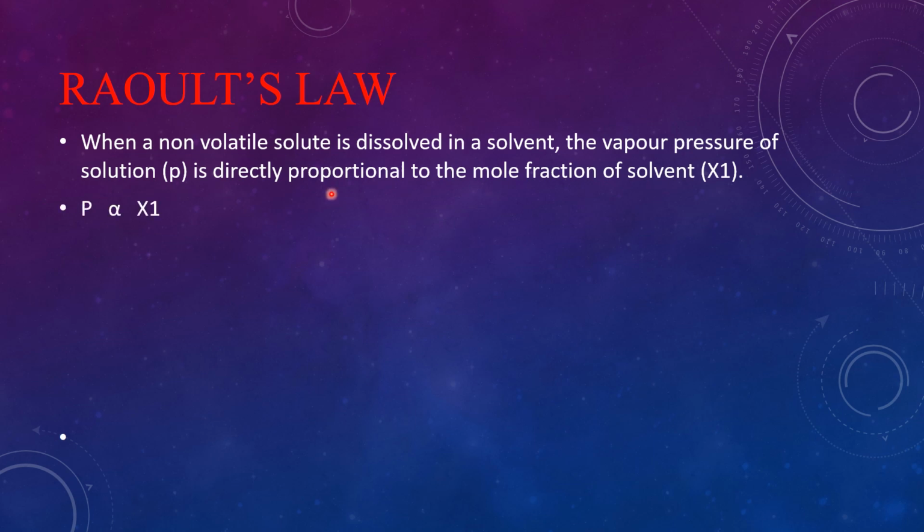So mathematically we will write that P is directly proportional to X1. This P is the vapor pressure of the solution. It is proportional to the mole fraction of the solvent X1. By removing this proportionality sign and putting a constant, P is equal to P naught X1.